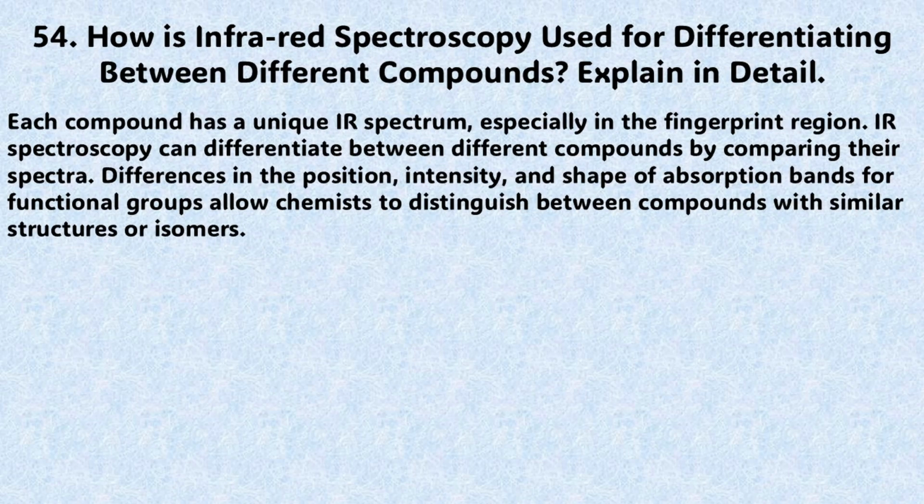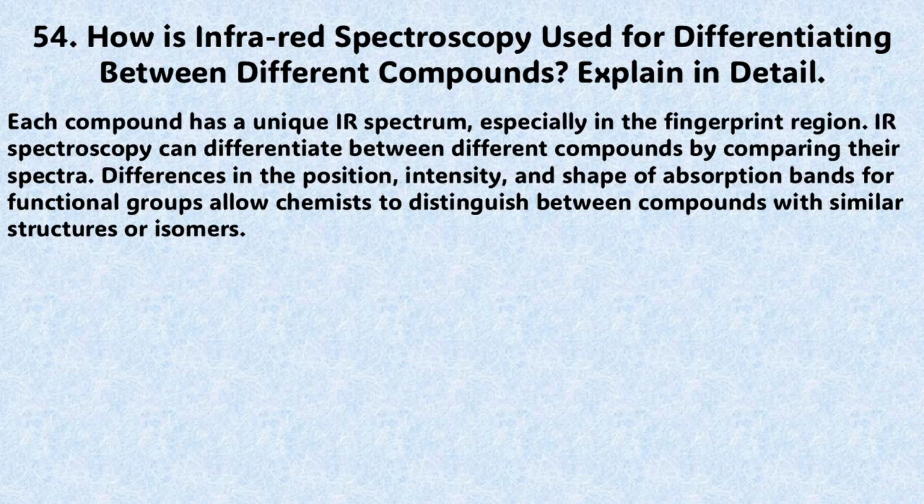The next question is question number 54. How is infrared spectroscopy used for differentiating between different compounds? Explain in detail. The answer to this question is very simple. Each compound has a unique infrared spectrum, especially in the fingerprint region.